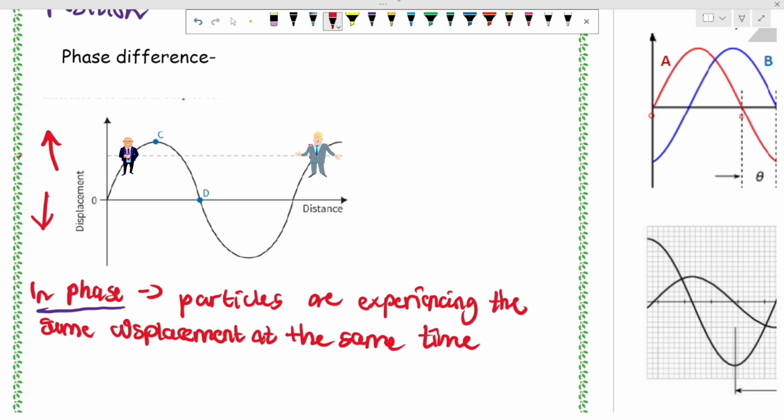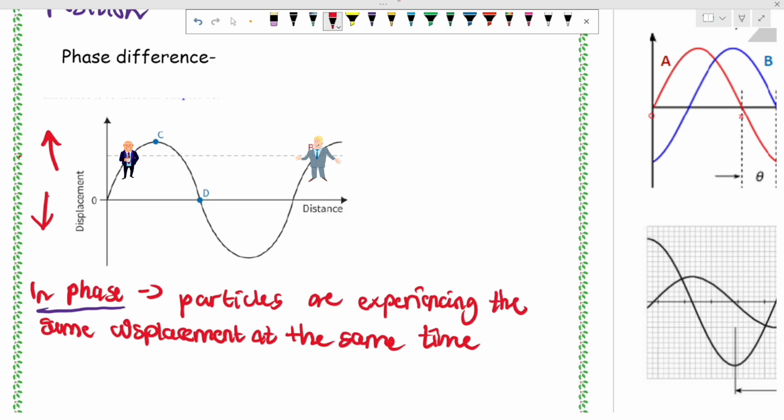If they're going down, they're both going down at the same time. So if Dave goes up, Joe also goes up. They're experiencing the same displacement at the same time. So these two are in phase.